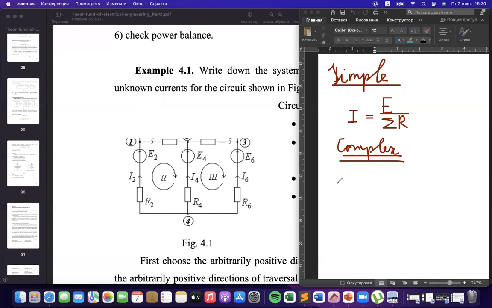Using laws, we are using just Kirchhoff laws and making an equation. Our idea is using these laws to find a system of equations and solve it. How should we write this system for a complex network?